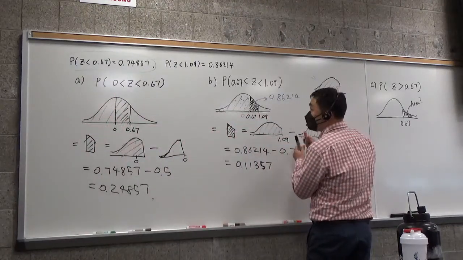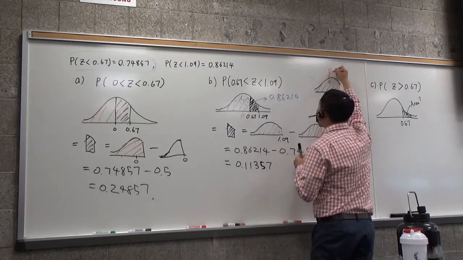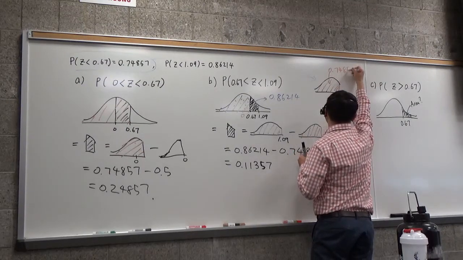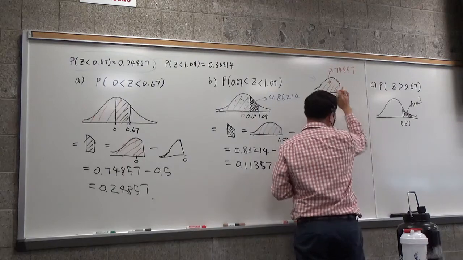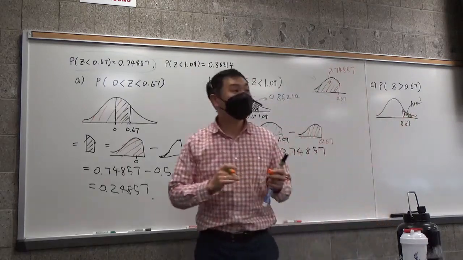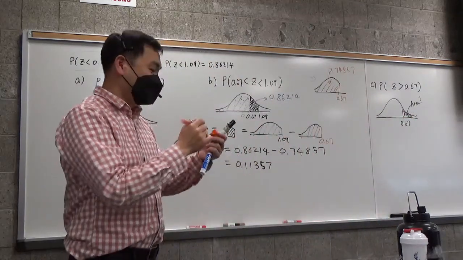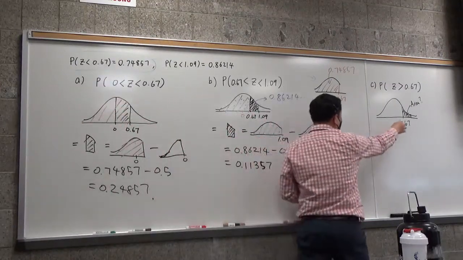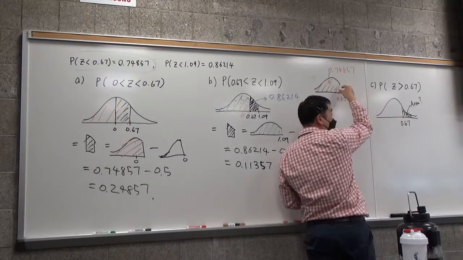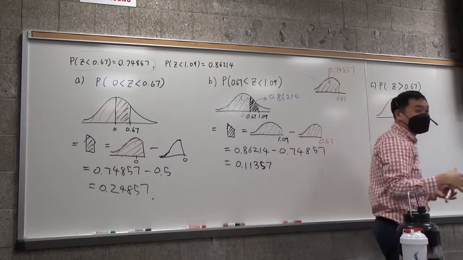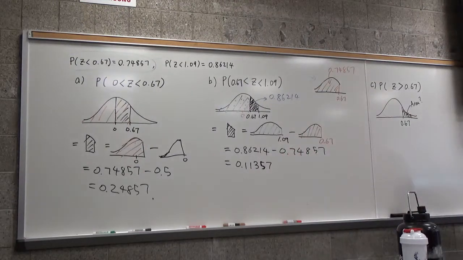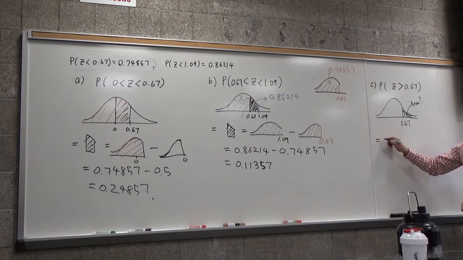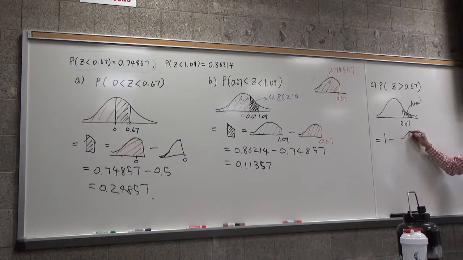This area, we know to be 0.74857. What's the relationship between this area and this area? When it's added together, it equals 1? Yes. They add up to 1 because if you cut this and paste it right here, they complete the area, which is 1. So you can say that this must be 1 minus this thing.